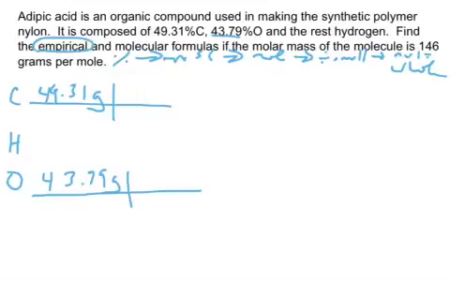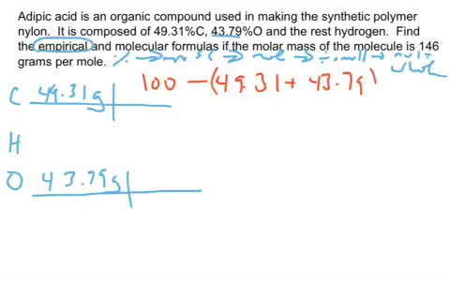All right, and then to find our hydrogen, we have to sum. So 49.31 plus 43.79, and we're going to take 100 minus that. Percents, when it comes to percent composition, pretty much always add up to 100.